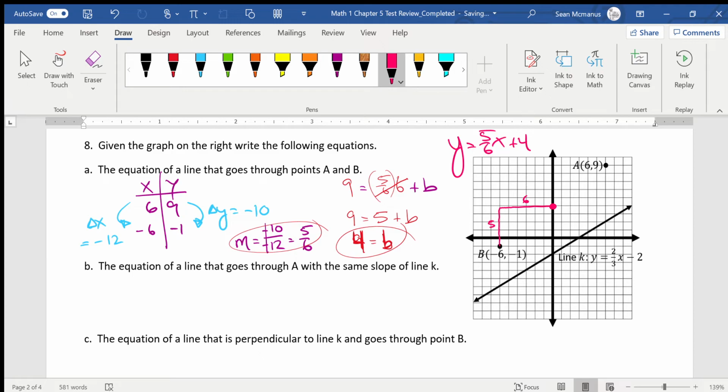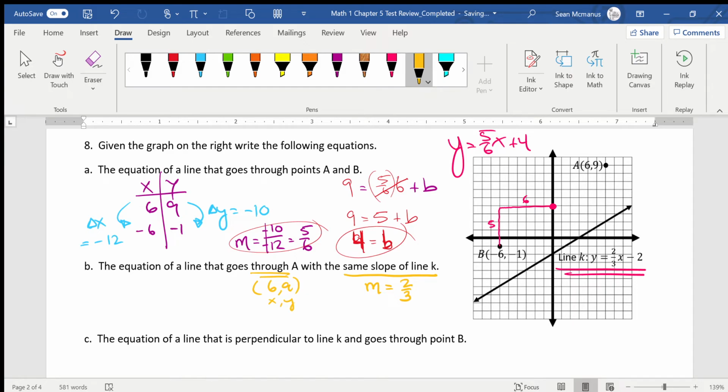The equation of a line that goes through A with the same slope as line K. Down here is line K. The slope for line K is 2/3. It goes through A, and A is (6, 9), that's x and y. So it's giving me an x, a y, and an m.